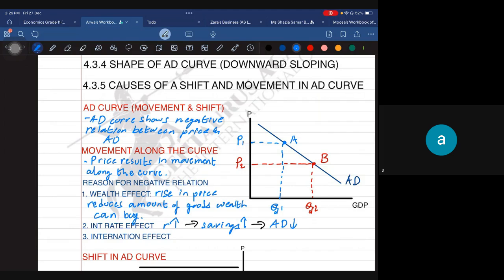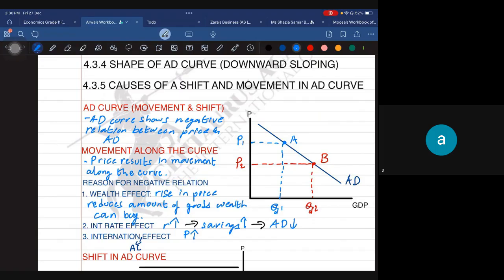Now the next thing, the international effect. If the price of your domestic product is increasing, what will happen to imports and exports?